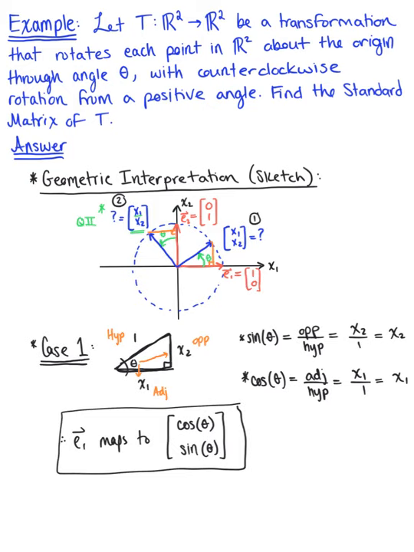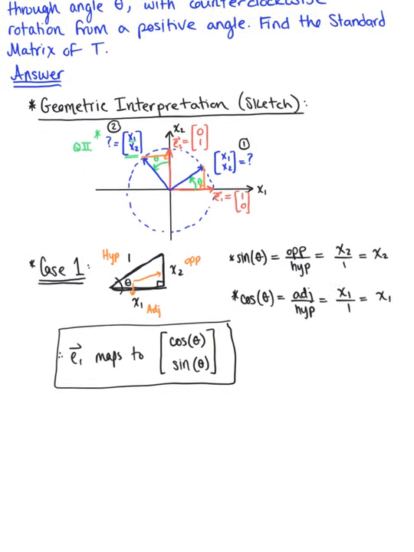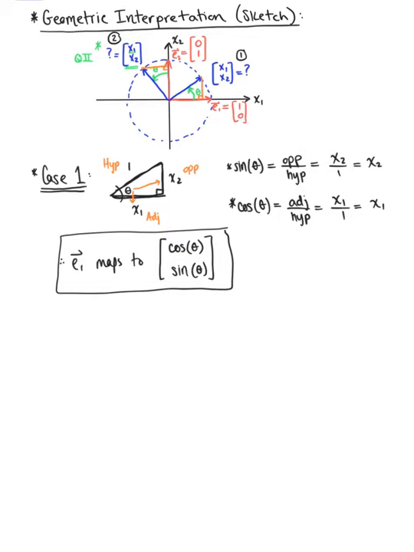Now we need to do the same thing with case 2. Case 2 has a different right triangle, but the same idea. Taking that right triangle and blowing it up a little bit, here is our right triangle from quadrant 2. There's your right angle, and there is our theta of concern.